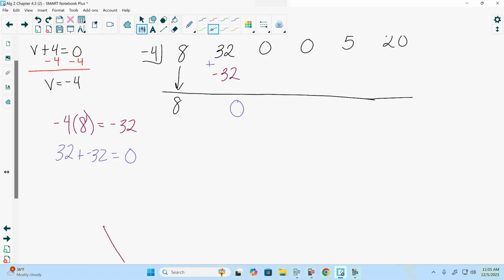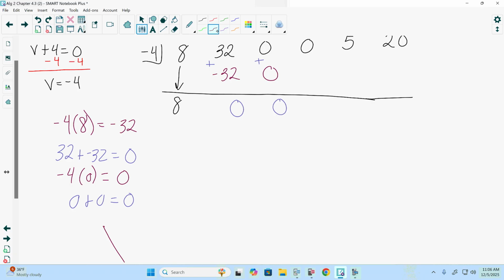Now we repeat the process. Negative 4 times 0 is indeed 0. Yes? Then we would add straight down. 0 plus 0 is 0.